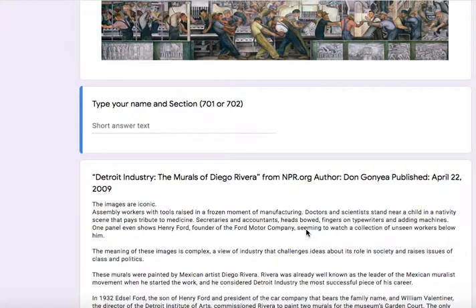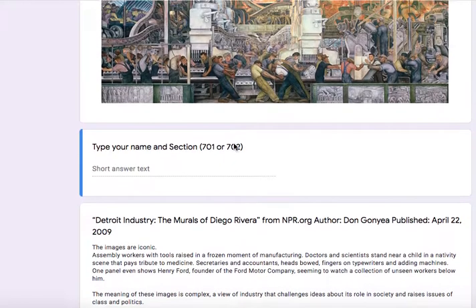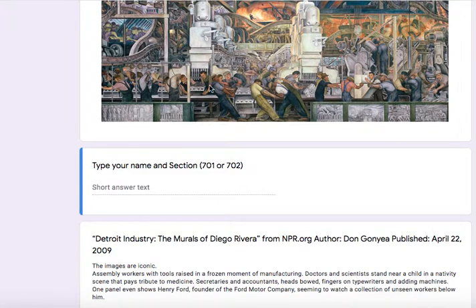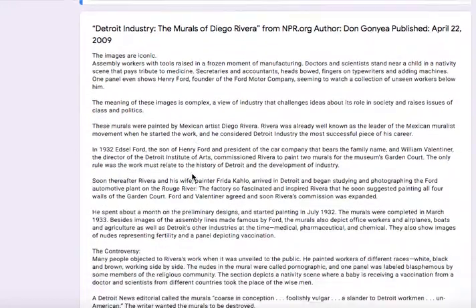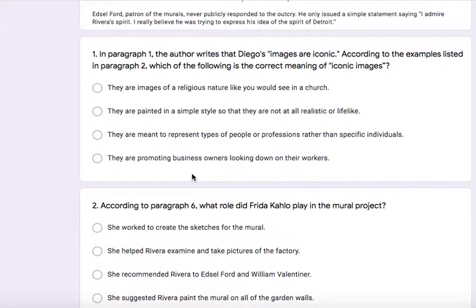I could see where that would be true, but the majority of the paintings are about job types and not just individual people, and definitely not an owner looking down on a worker. So the majority would be this letter C, the third answer: they are meant to represent types of people or professions. Almost all of the paintings have people of different professions and not individuals. There's only one that focuses on an individual.